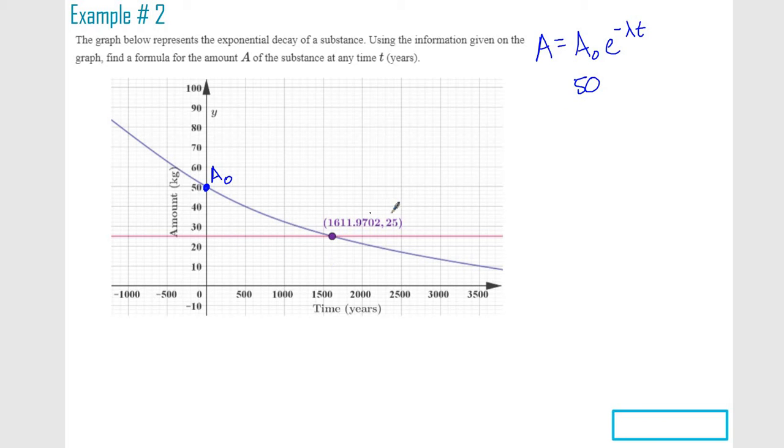And let's see, we know what this means is here's our time, and that's our output. So 25 would go here, and then we have e to the negative lambda times 1611.9702.